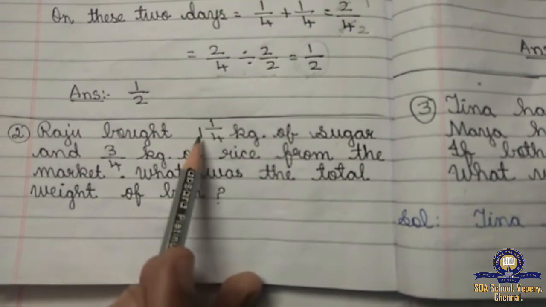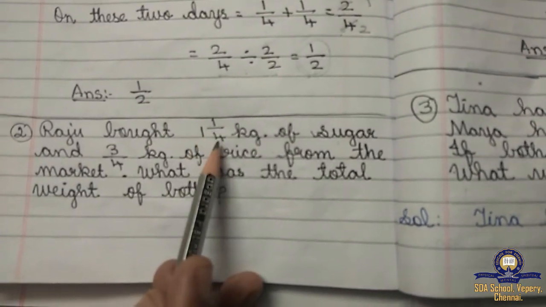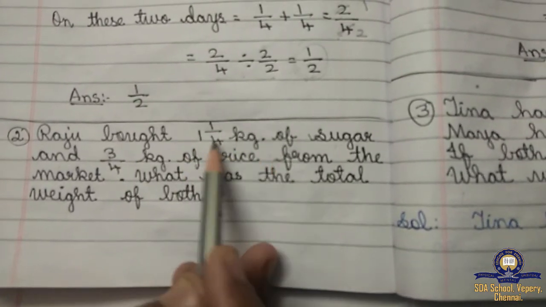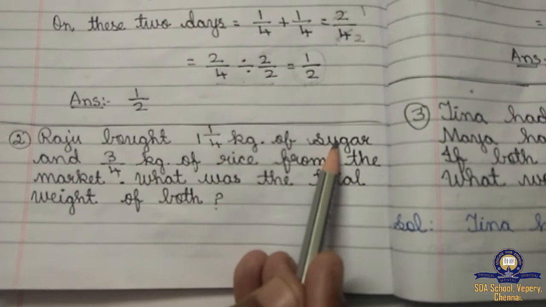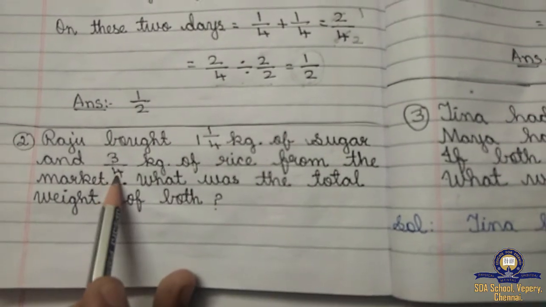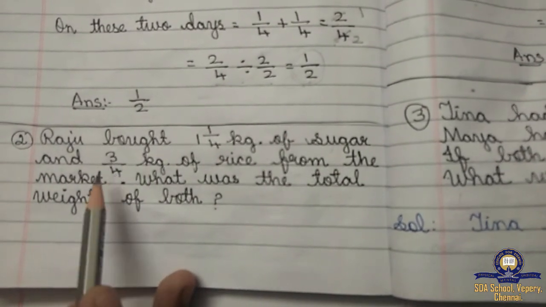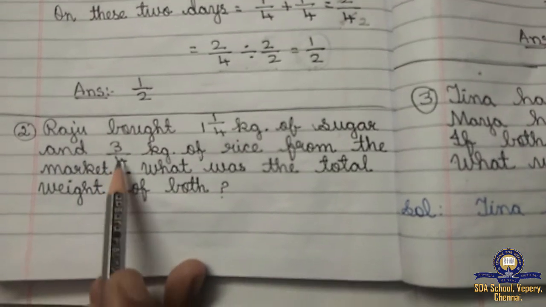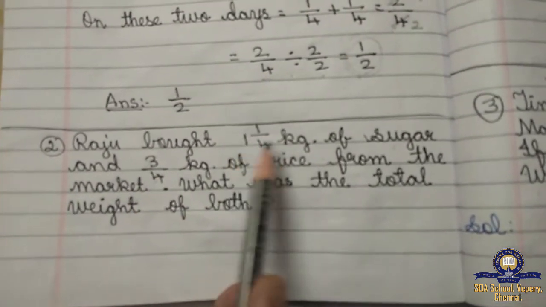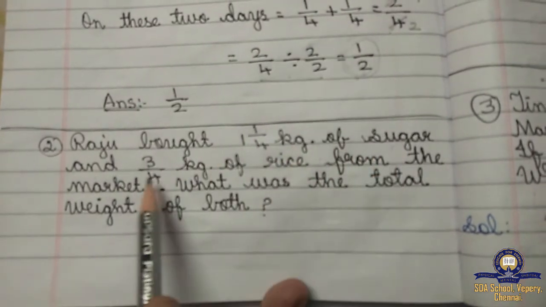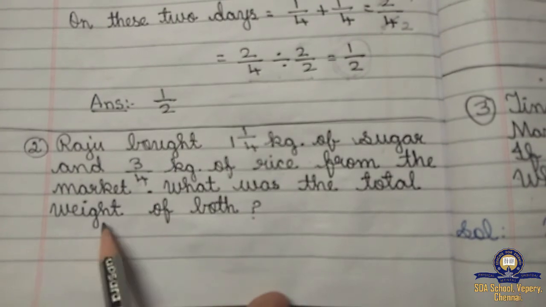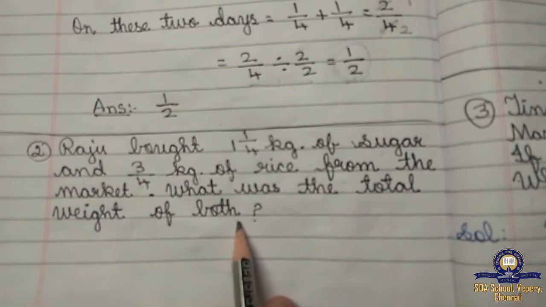So, 1/4 in Tamil we will say kal kilo, that is the sugar he bought. And 3/4 means what? In Tamil, mukkal. Understood, children? 3/4 means mukkal kilo. So, 1/4 kilo is sugar, and 3/4 is rice. Okay, children? So, the total weight of both we have to find out.